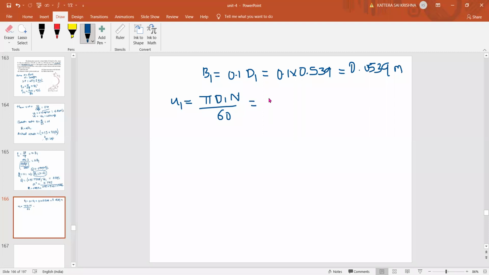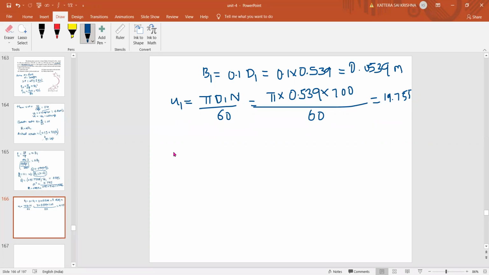Right, so substitute the values: pi into the D value, we got it as 0.539, into what is N given? Speed 700 RPM, divided by 60. So U1 equal to 19.755 meter per second.